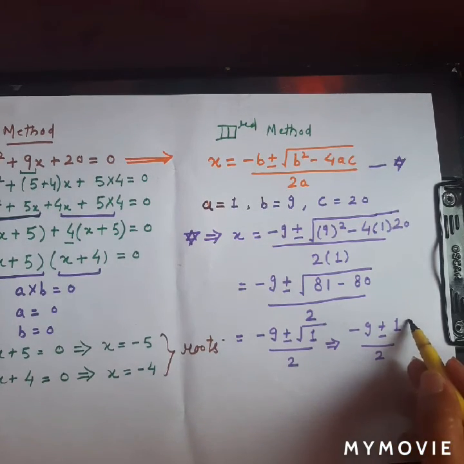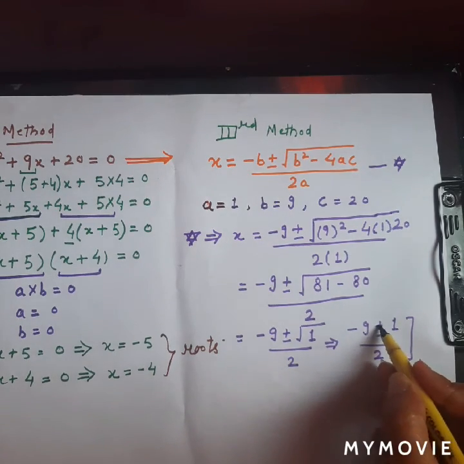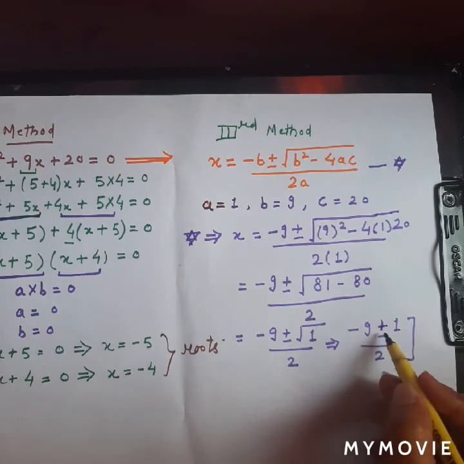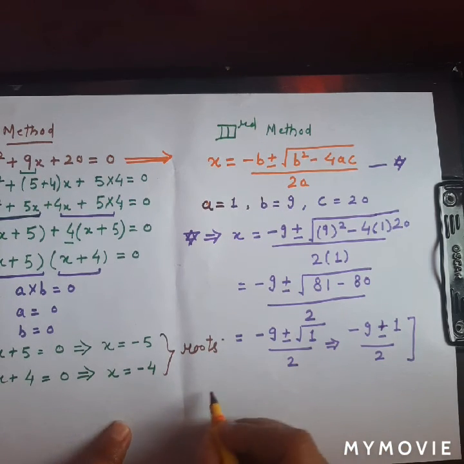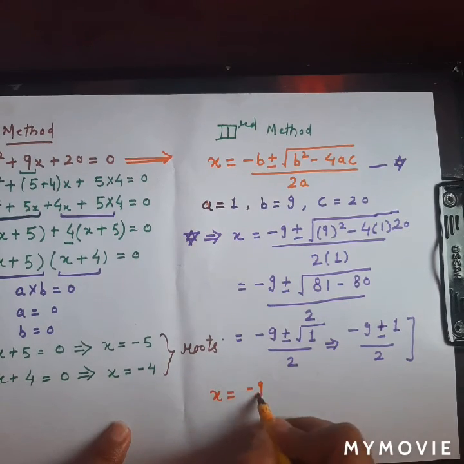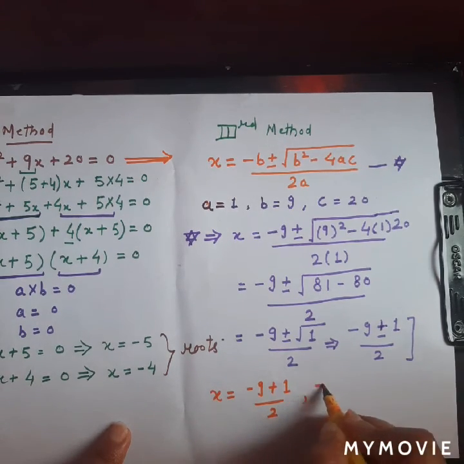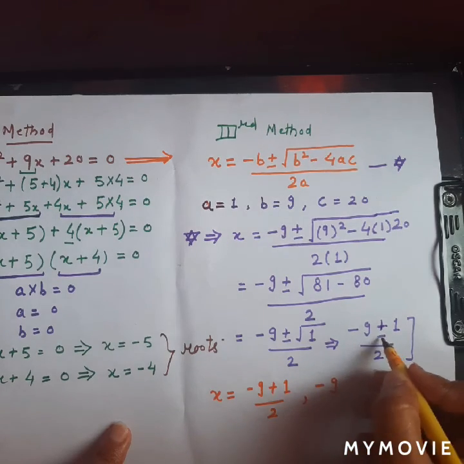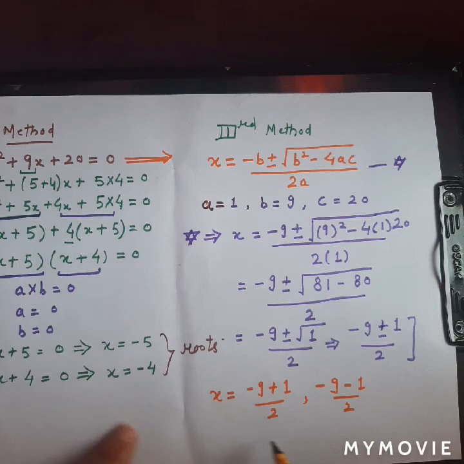And here are the two roots of the equation. First we will consider the plus sign, and second we will consider the negative sign. So the first root is minus 9 plus 1 divided by 2, and the second is minus 9 minus 1 divided by 2.